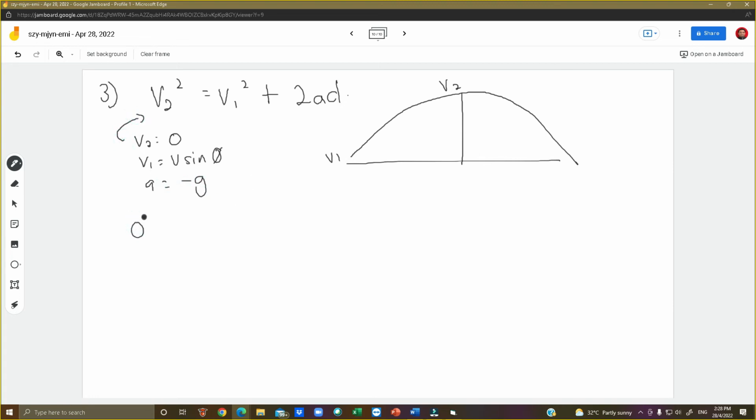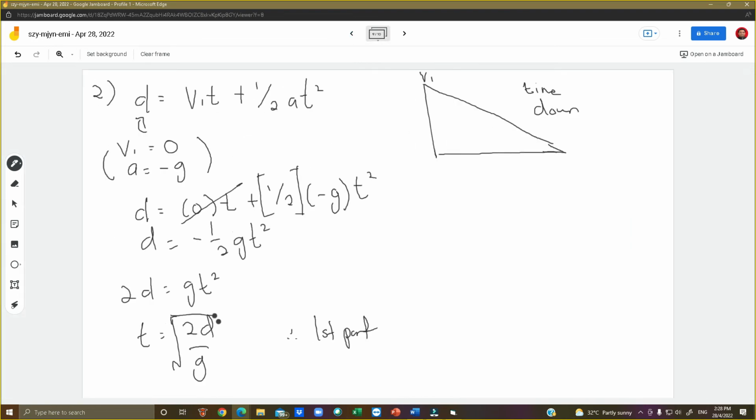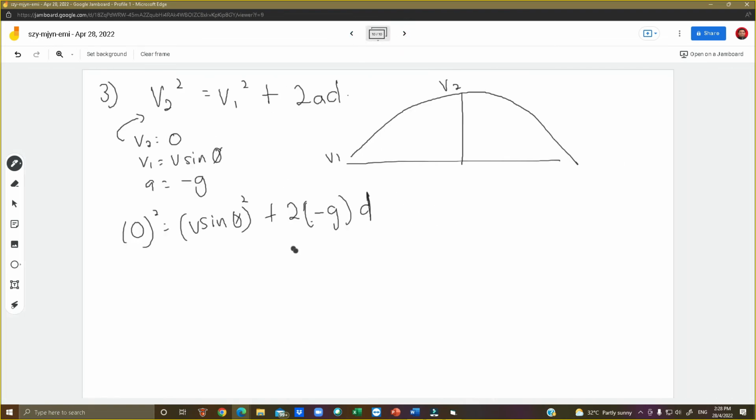We have 0 squared equals V sin theta squared plus 2 negative G D. We try to solve for D. So we have 0 equals V sin theta squared minus 2GD.